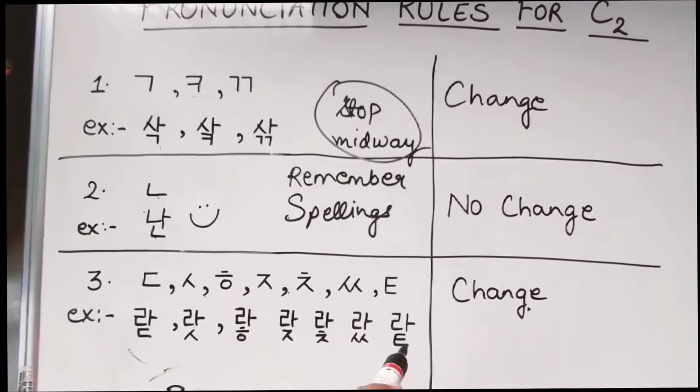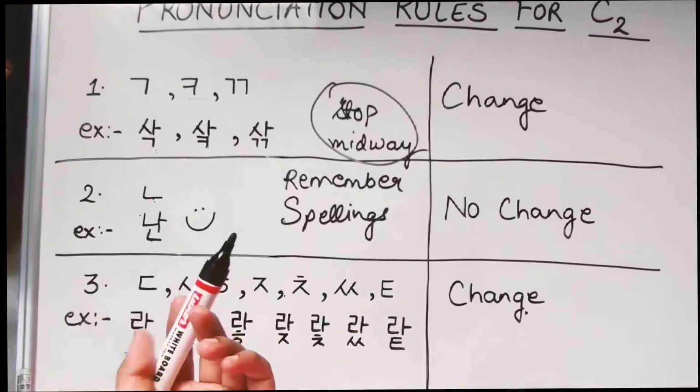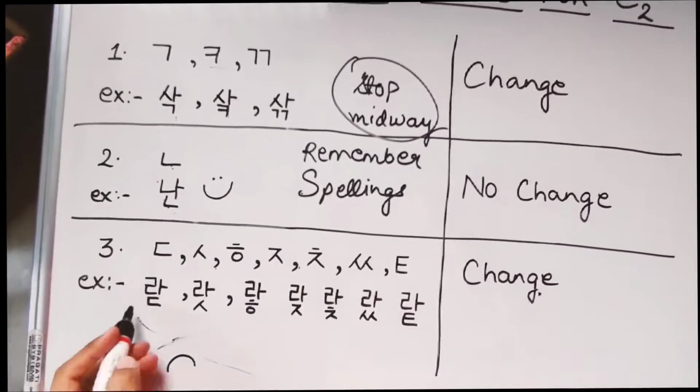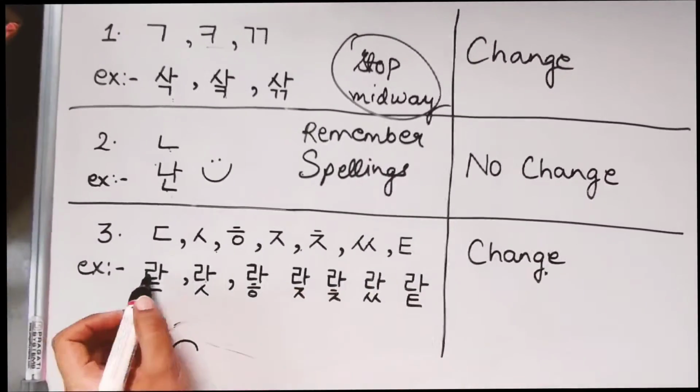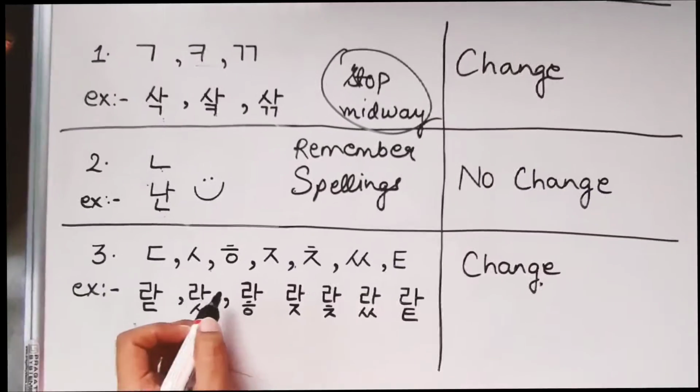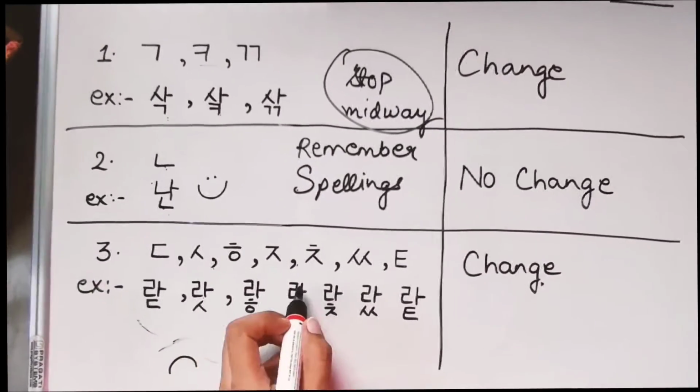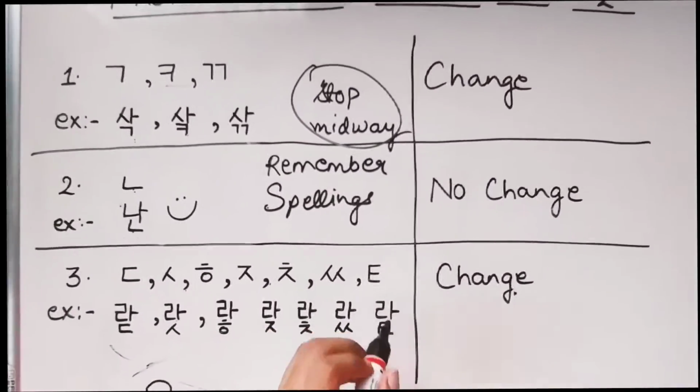But for this also, you have to stop midway. You do not say ta properly. You have to stop somewhere midway. Now, an example could be this. In this syllable, I have written ra in all the examples.